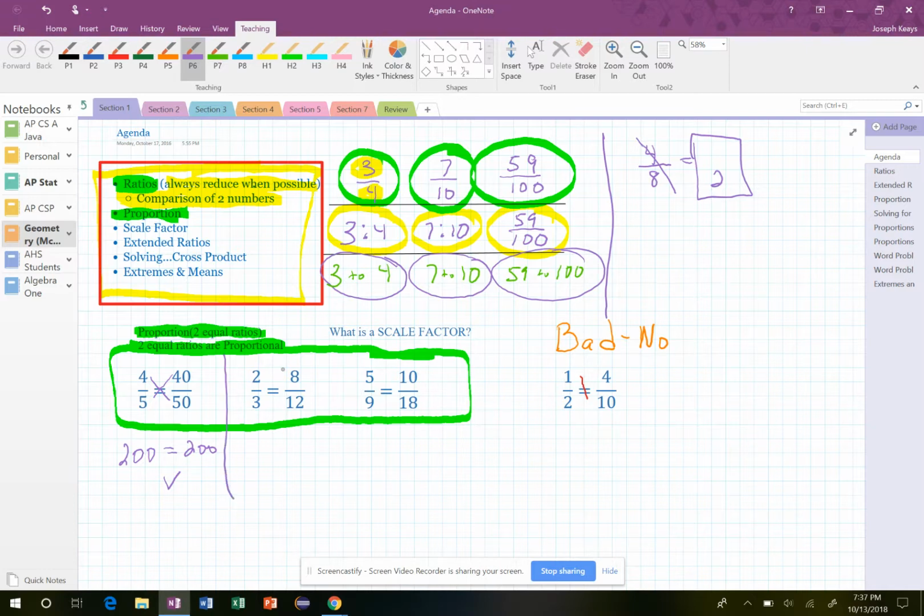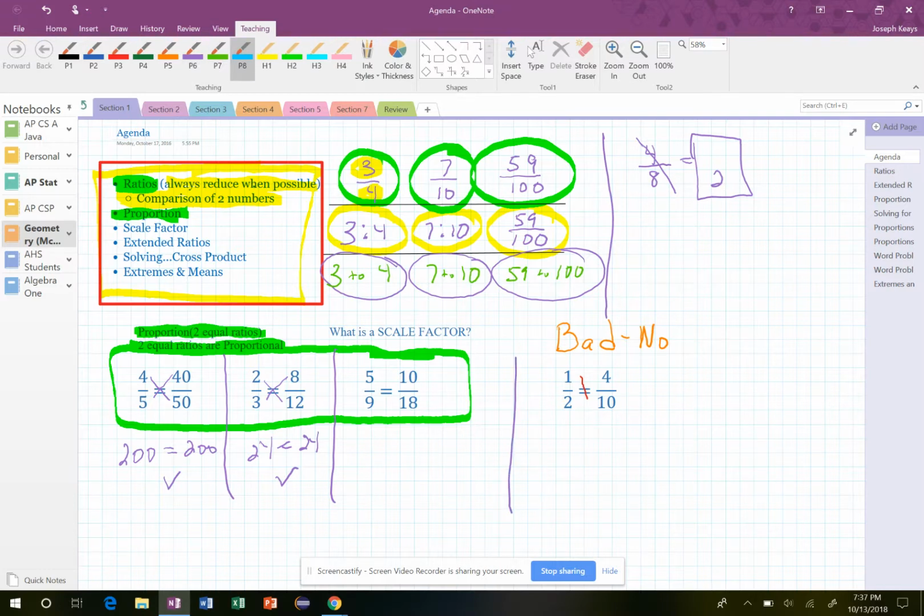Let's check out the next one. I got 2 times 12, which is 24. I got 3 times 8, which is 24. Ding, ding, ding. This is another proportion. So these two ratios are proportional. And let's check out the last one. These are test questions where you have to verify yes or no, are they proportional?